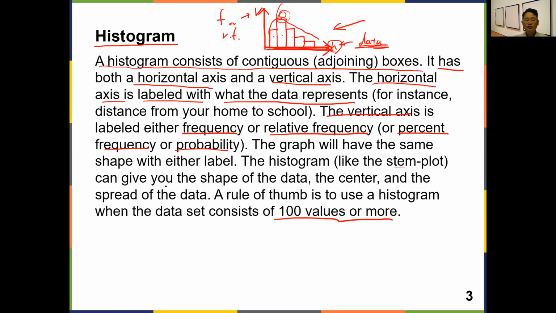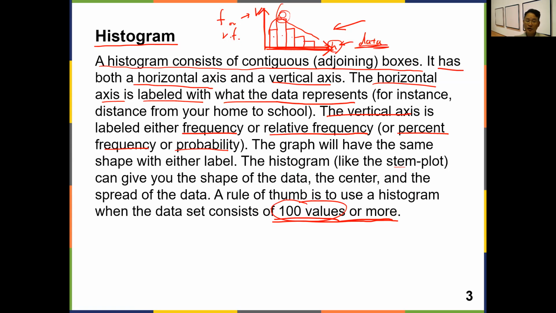Now, that's the usual case, but for our learning purpose, we may deal with less than 100 data points. Let's say 20 to 25 or 30 data points, then we'll try to build a histogram. But usually, they use more than 100 data points.